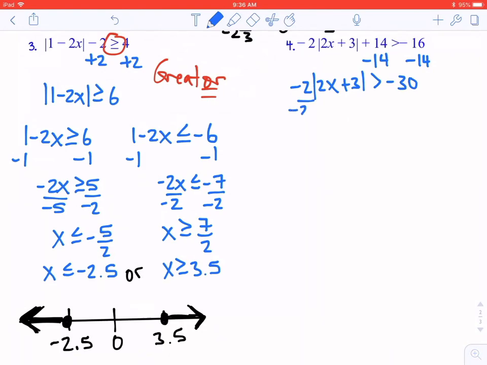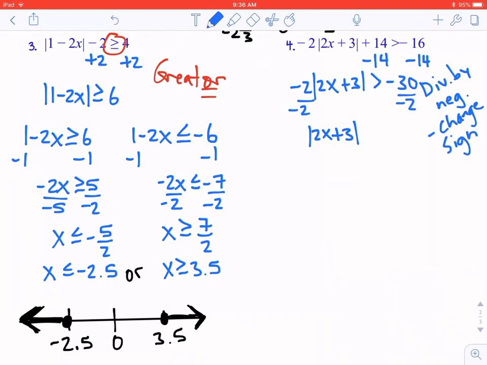And then we're going to divide both sides by -2. So bring down 2x plus 3, the absolute value of that. But notice I divided by a negative. So if I divide by a negative with inequalities, that changes the sign. So change sign. So we're going to have a less than 15 over here.